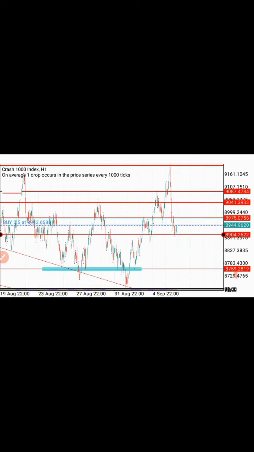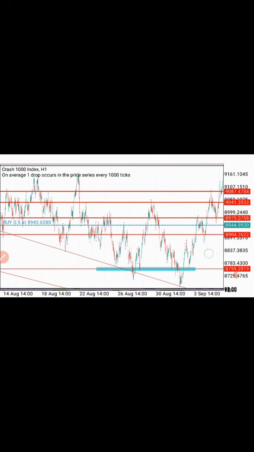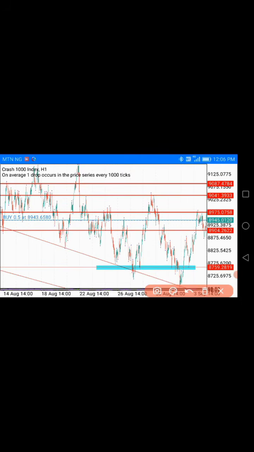Is it really relevant? Let's check what happened. Remember that support and resistance are not lines like this, they are zones. Look at the whole of this place, they are zones. Look at the market reaction around that place.